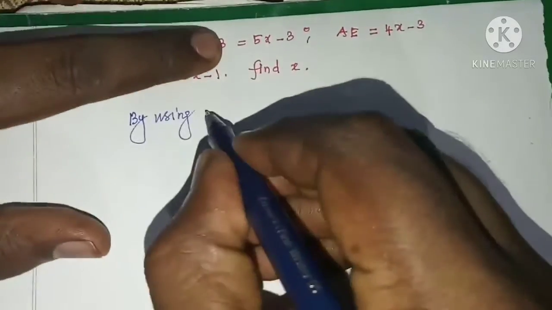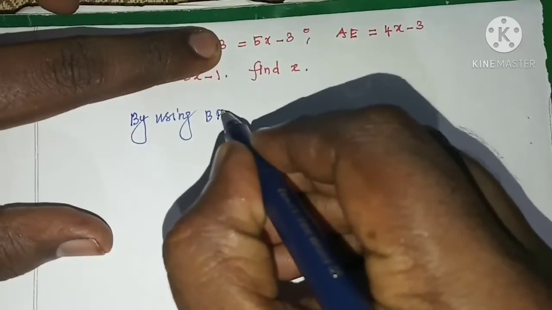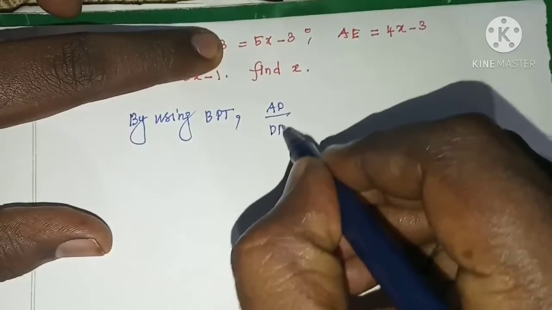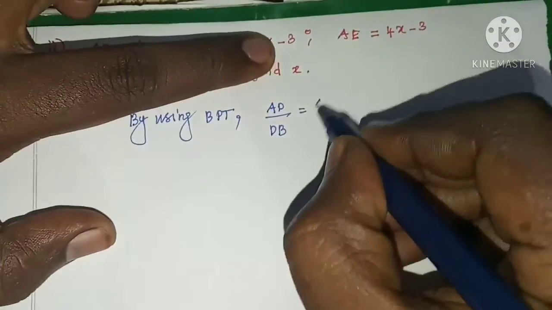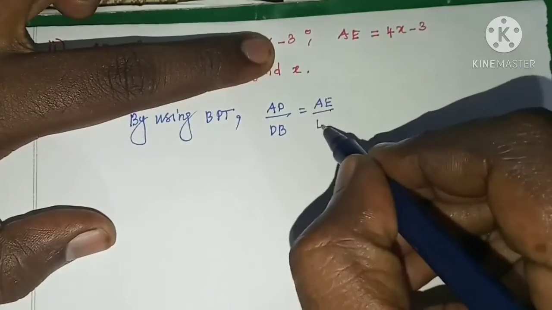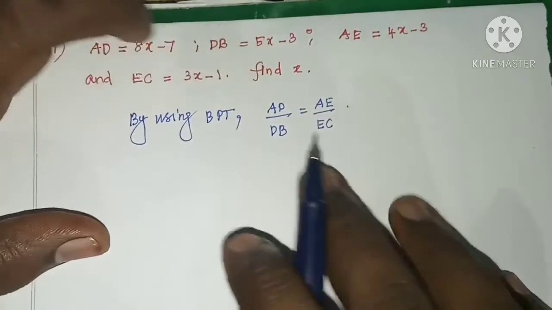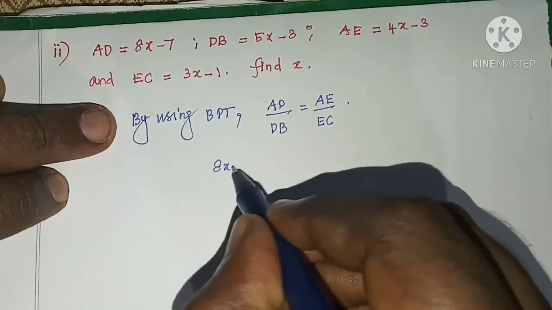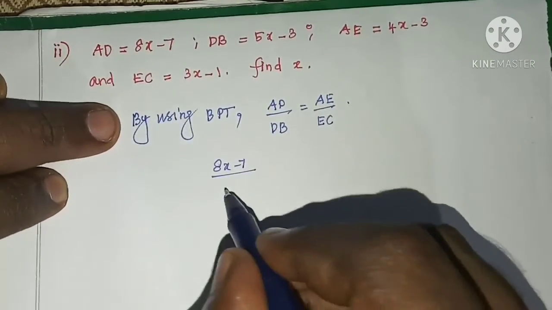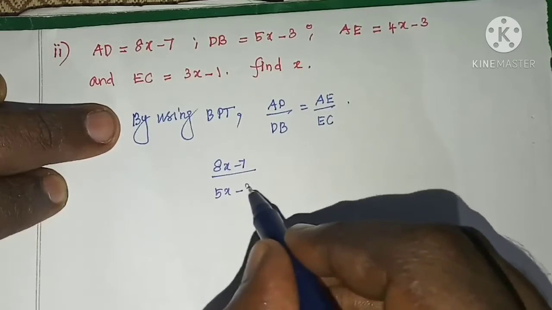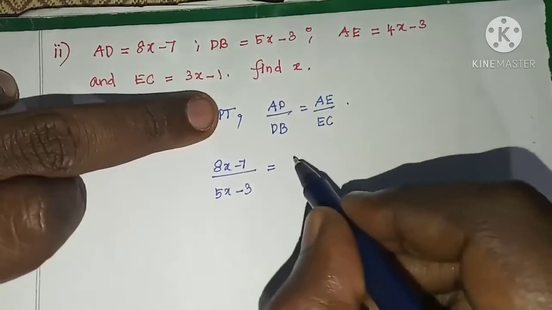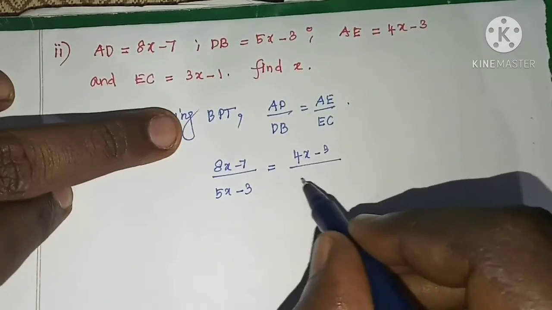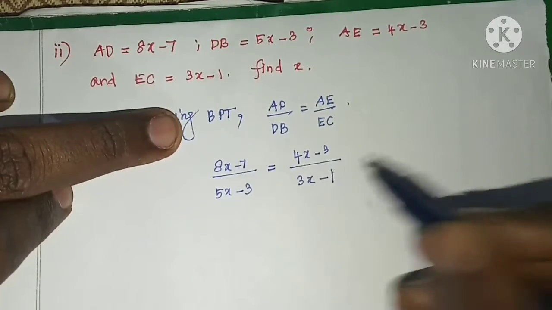By using the basic proportionality theorem, it states AD by DB equal to AE by EC. We just replace the values: 8x minus 7 by 5x minus 3 is equal to 4x minus 3 divided by 3x minus 1.